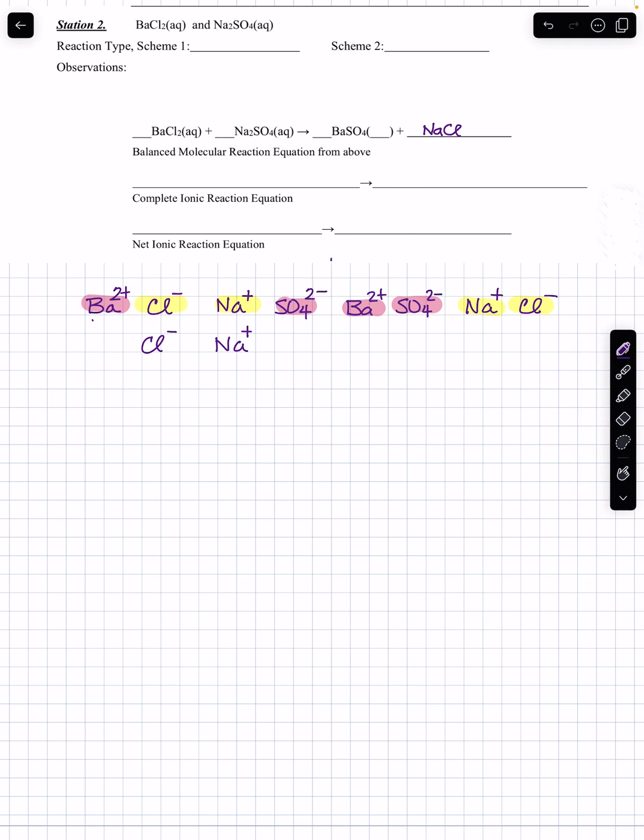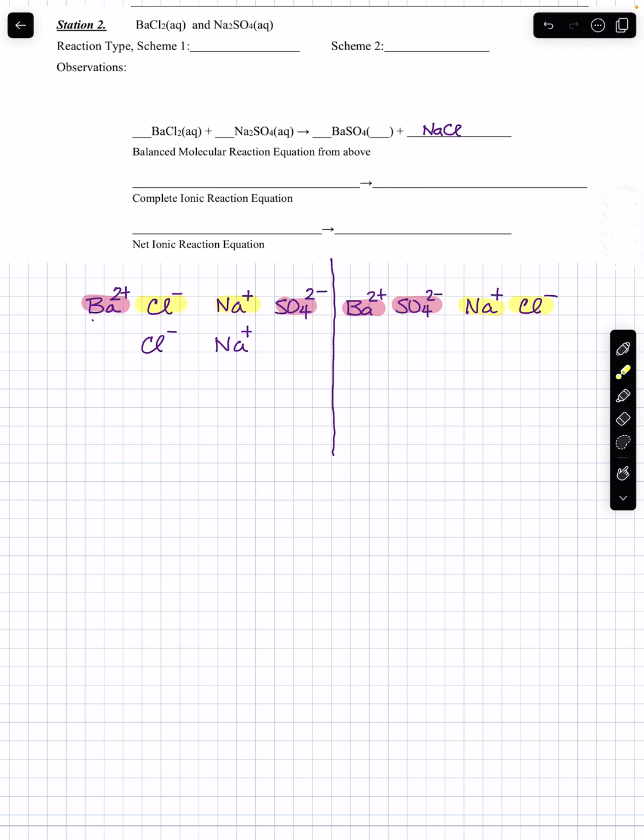The arrow is here. That's the separation. So on this side I have one barium ion, and on this side I have one barium ion. So that's good. With the chlorine, I have two chlorines here, right? Because this was BaCl2, so I have two chlorines. And over on this side, I only have one chlorine.